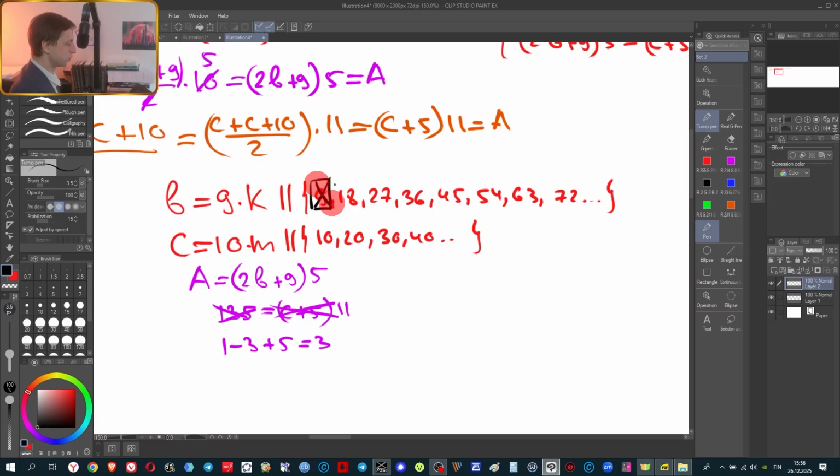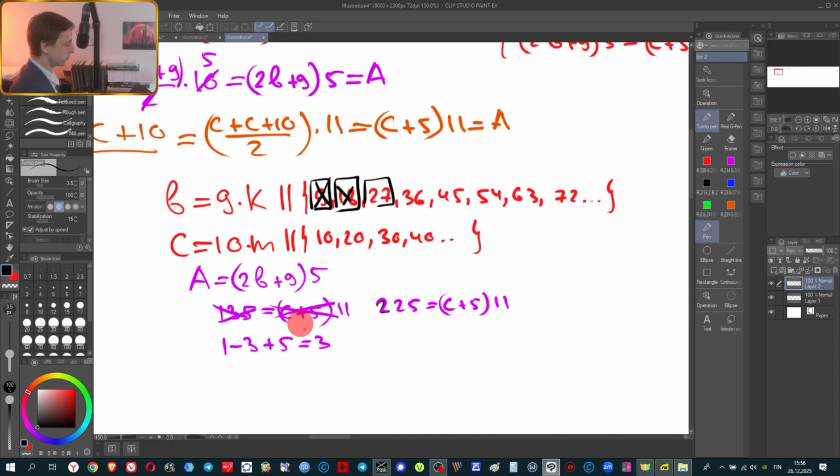b equals 18. Substituted here: 36 plus 9 is 45, times 5 is 225. In this case, we should have 225 as a, represented as (c plus 5) times 11, and again 225 is not divisible by 11, so it's not an option for us, so this one goes away.